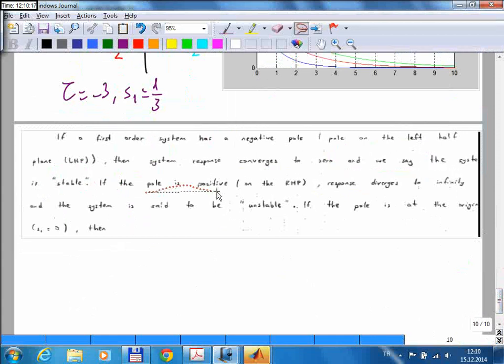If the pole is positive on the right half plane, which means the time constant is negative, then in that case we say that the response diverges to infinity and the system is said to be unstable.